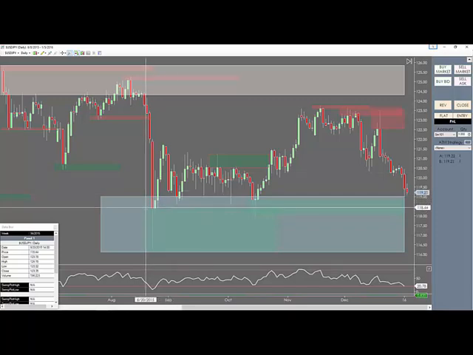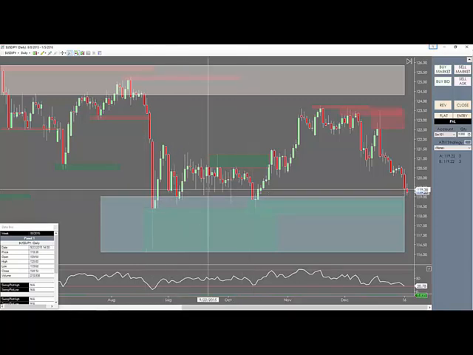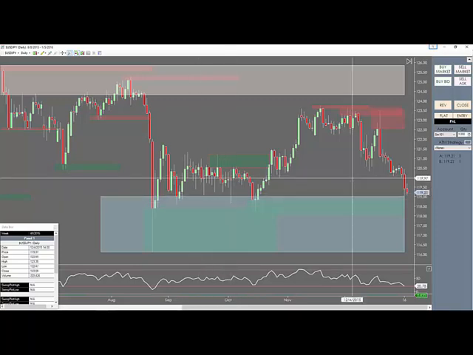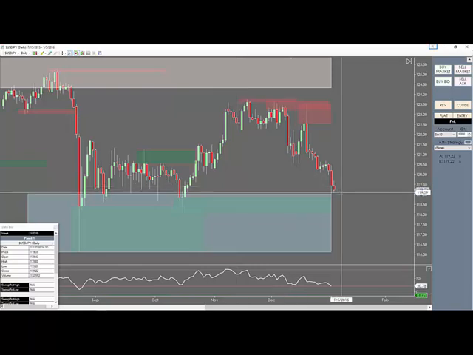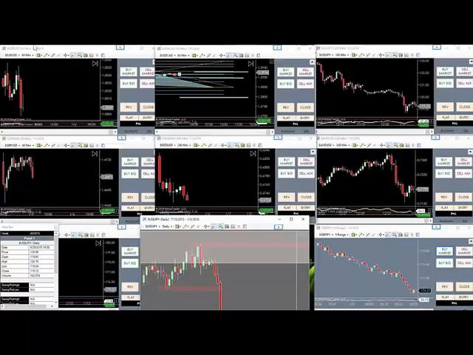We'll see right here about August, we have a retest, another one right here, and right here, and then this one also. So right now, price is around that level.